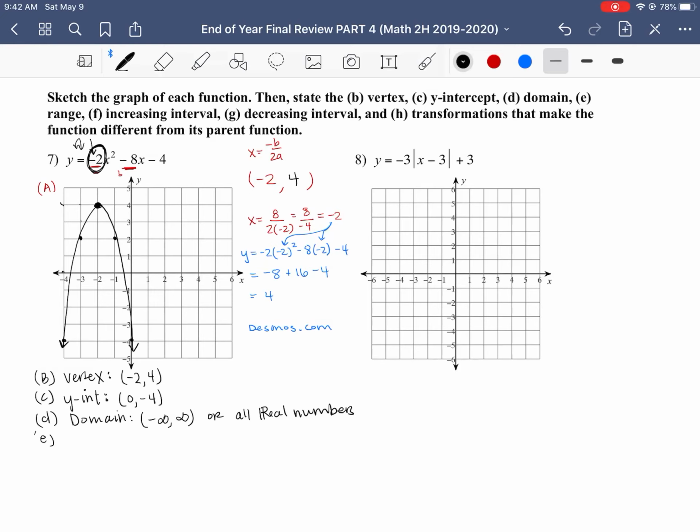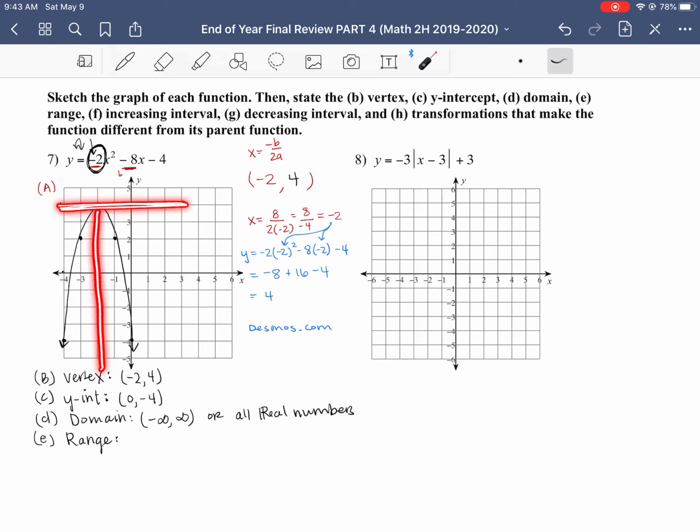Okay, looking at E, we're asked to find the range. So remember, range are all of the y values for which the function is defined. So range are y values. So if we notice our graph is pointing down, it's kind of like coming from down here at negative infinity, and it goes up and up and up. Our graph is always underneath this invisible ceiling.